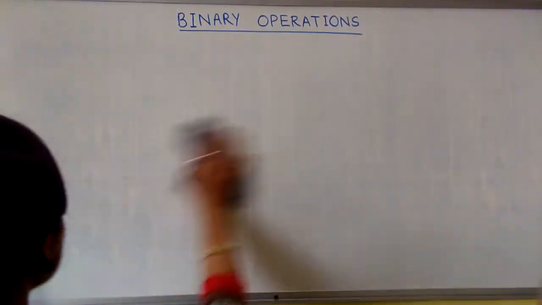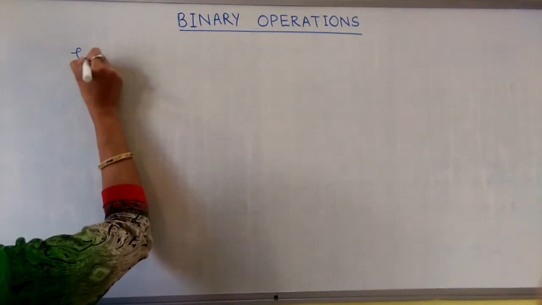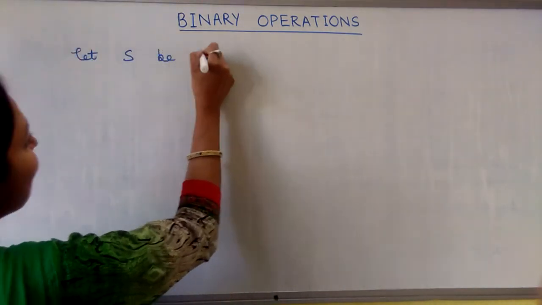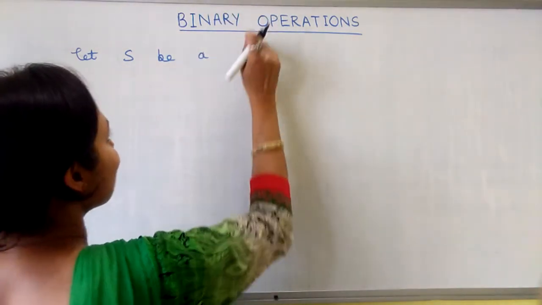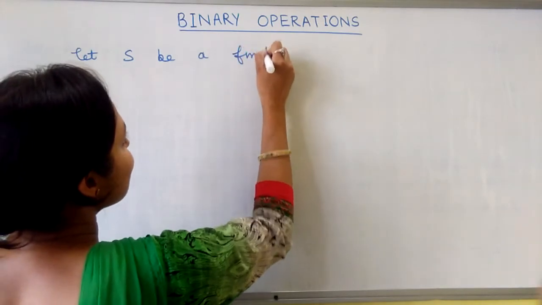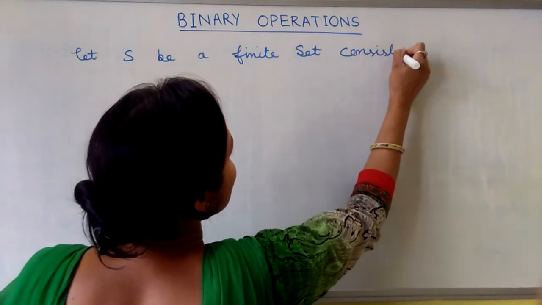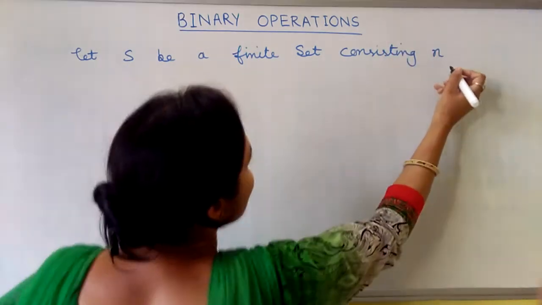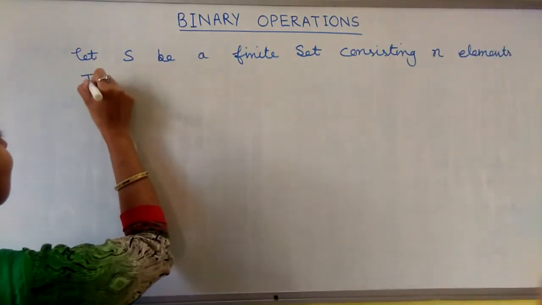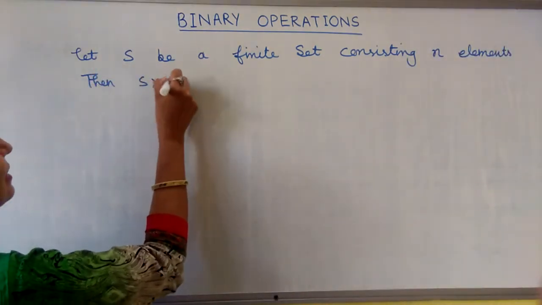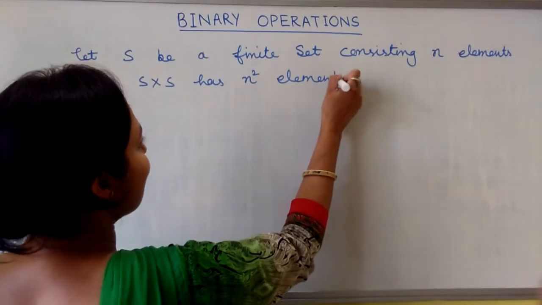Let S be a finite set, not infinite, consisting of n elements. Then S cross S has n squared elements.